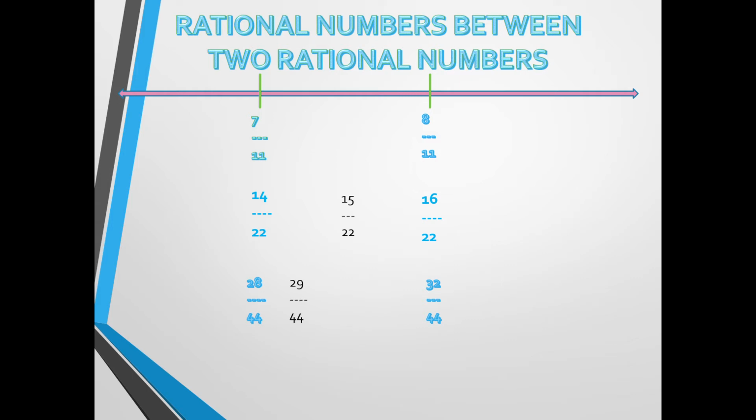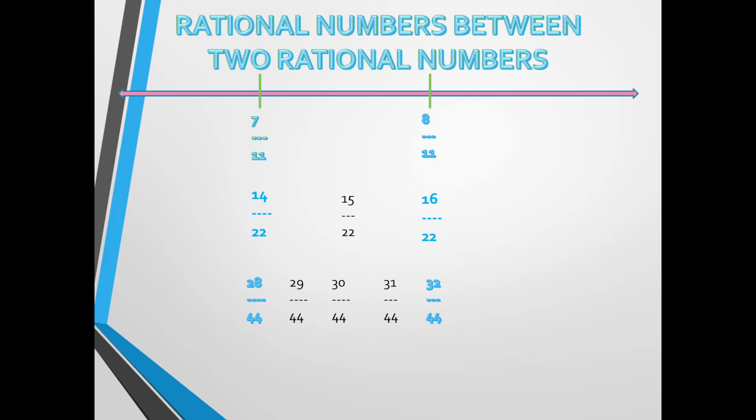But when we represent these two numbers as 14 by 22 and 16 by 22, we can find 15 in between 14 and 16. So we can find 15 by 22 in between 14 by 22 and 16 by 22. Just like this, with 28 by 44 and 32 by 44 we can find many rational numbers such as 29 by 44, 30 by 44 and 31 by 44.